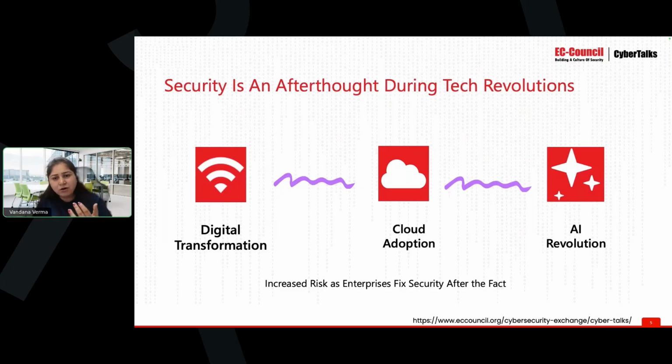What happened? Organizations raced toward digitizing, and I think most of us did it. Banking wanted to do online services, retail wanted to do e-commerce, healthcare digital patient systems, but security lagged behind. There were hard-coded credentials, weak access controls, no data classification.